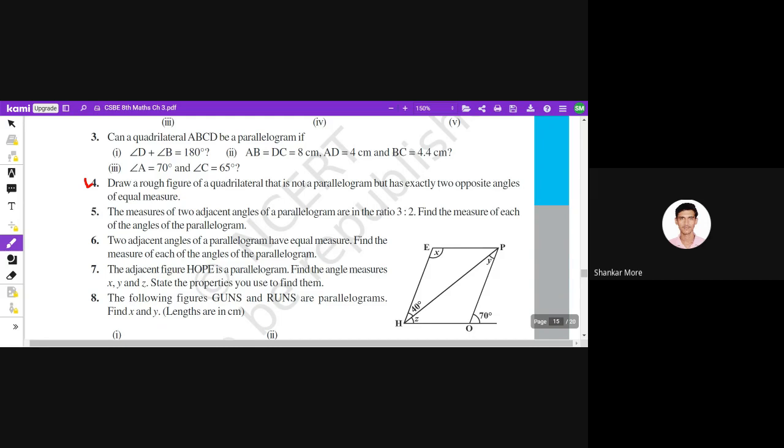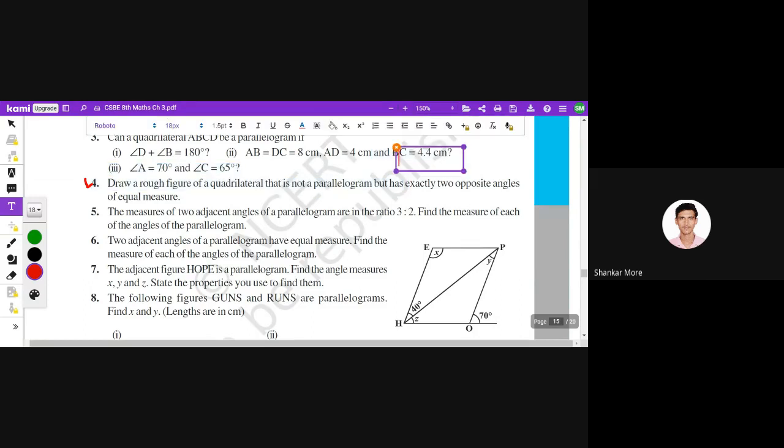So the adjacent angles are in the ratio 3 to 2. Let us suppose the first angle is 3x and the second angle is 2x. So tell me what should be the sum? 3x plus 2x is equal to 180 degrees. That is what it should be, right? So 5x is equal to 180 degrees.